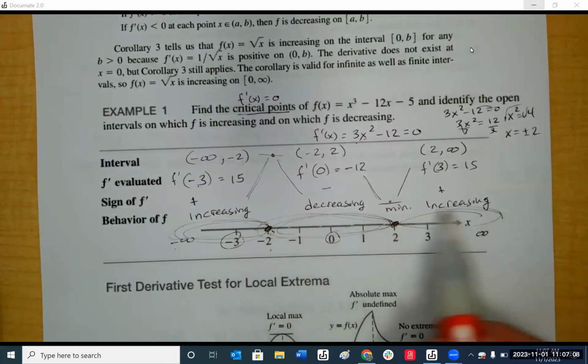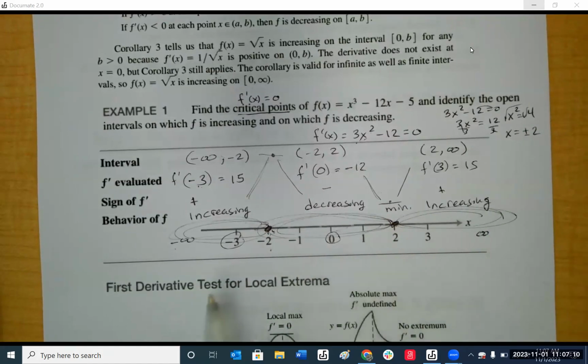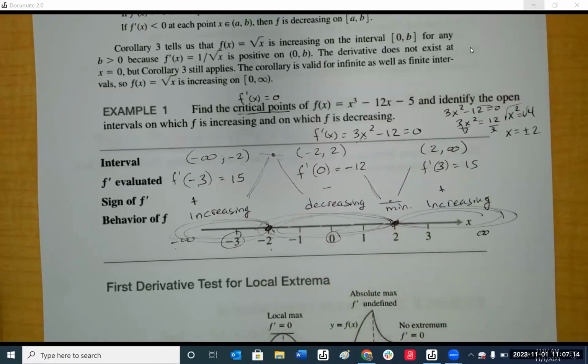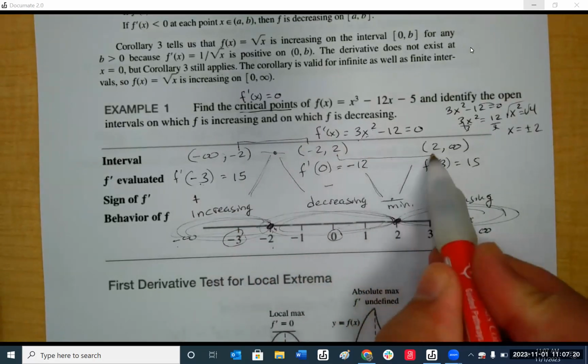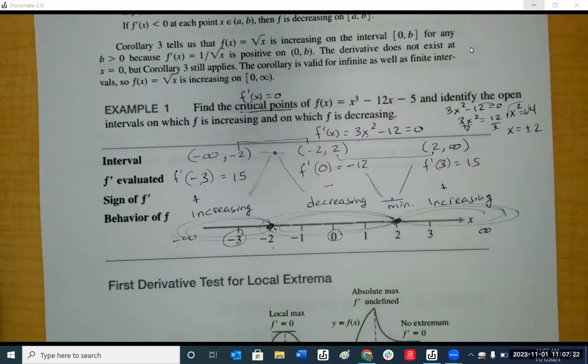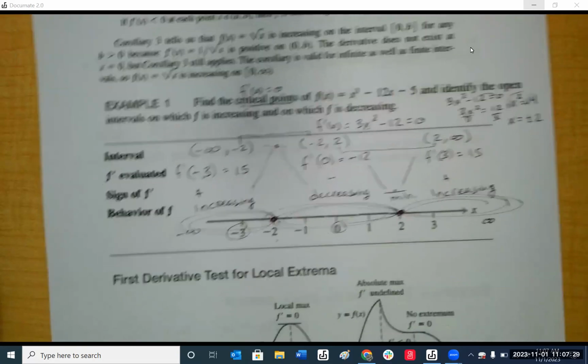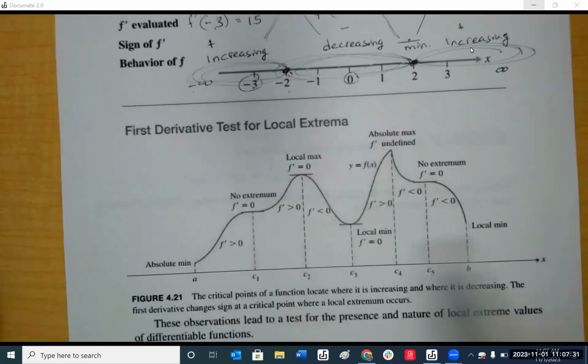And then it goes here. So we're going to go through all the intervals that include -2 and 2 as endpoints. So notice that's -2 there, -2, +2, +2. So that's how we determine increasing, decreasing, and maximum and minimum. And here's another example.